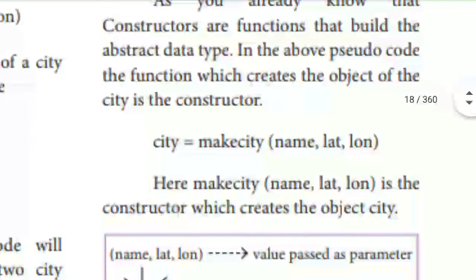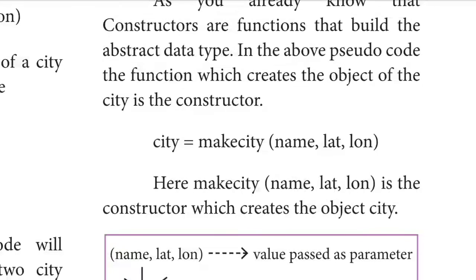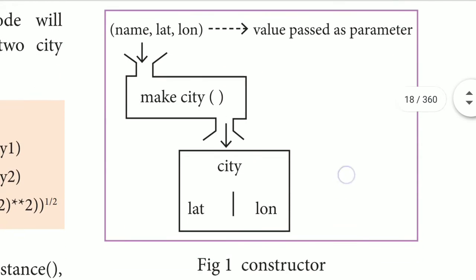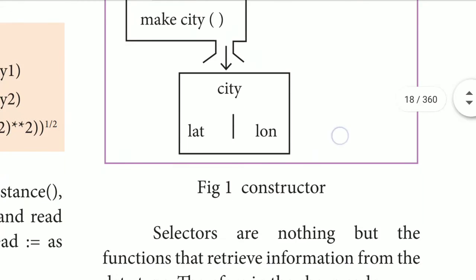So this line, city equal to make city of name, lat and long, is the constructor statement. Here make city is the constructor which creates the city object. Here they give the pictorial representation of this abstract data constructor.